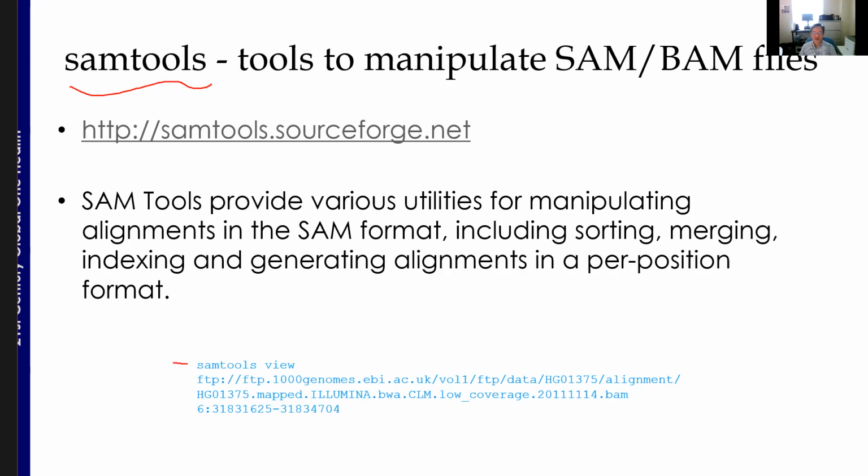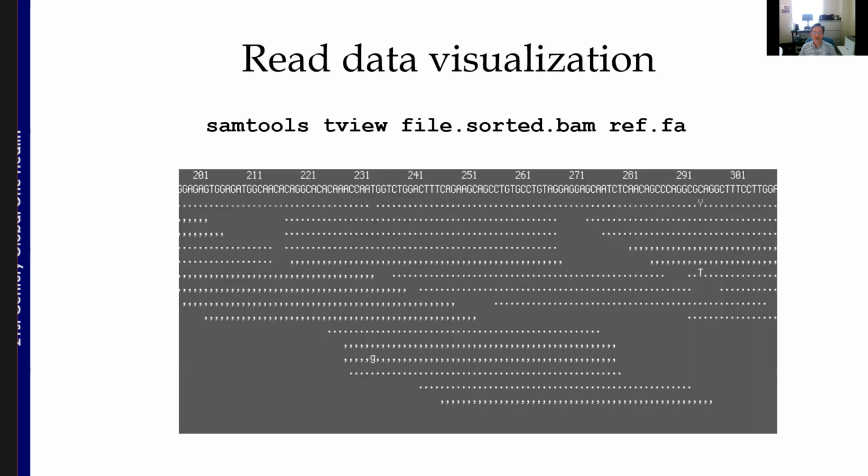manipulate those SAM and BAM files, their alignments. So these are applications. For example, you want to view a BAM file stored on a remote FTP server, and you want to look at a particular region, chromosome 6 from this base pair to here. Then you want to see what the structure looks like, and then they give you something like that.